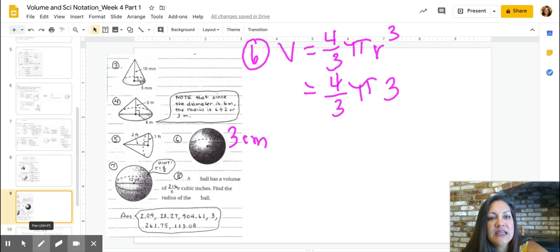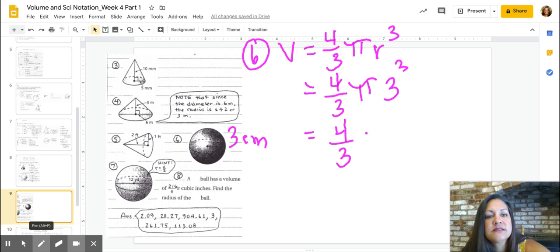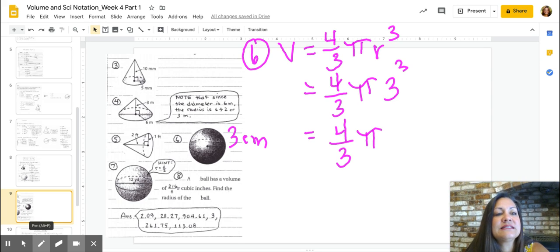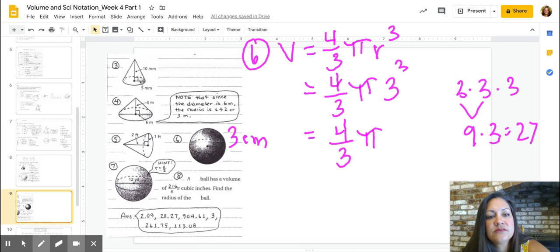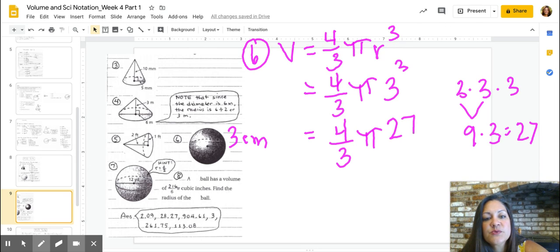So 3 cubed. Okay, so 4/3 pi. 3 cubed is the same as 3 times 3 times 3. So 3 times 3 is 9, times 3 is 27. So times 27. Here's what's really cool here.